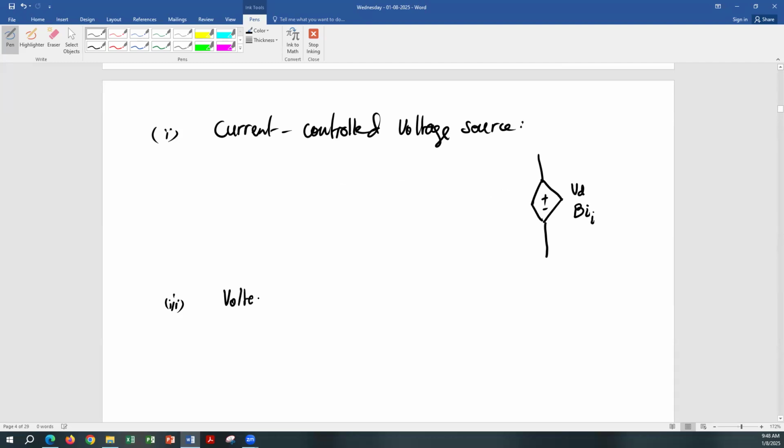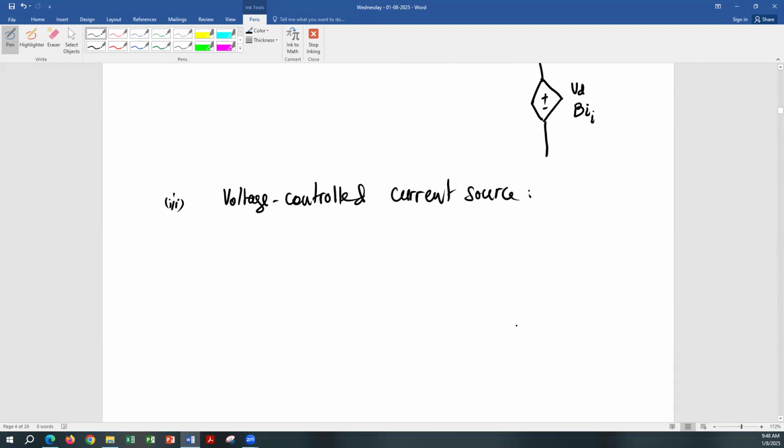Now we have the voltage controlled current source. It's a current source, but the value of that current source, let's call it ID, the dependent current source value, depends on some input voltage. That's actually your MOSFET, metal oxide semiconductor field effect transistor.